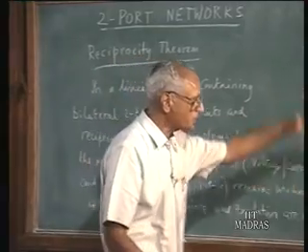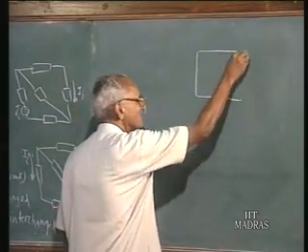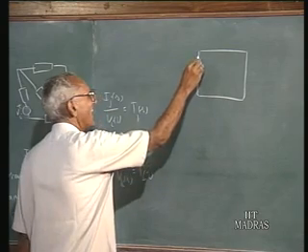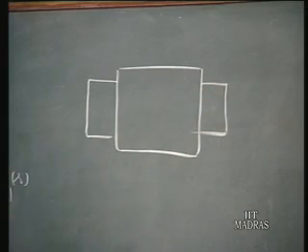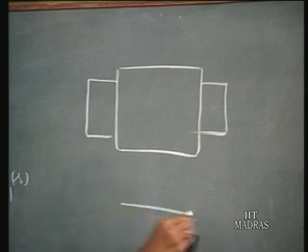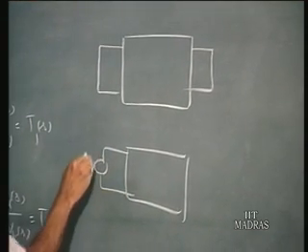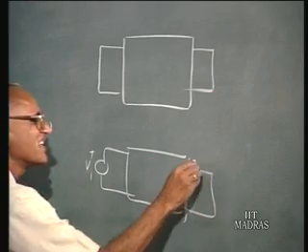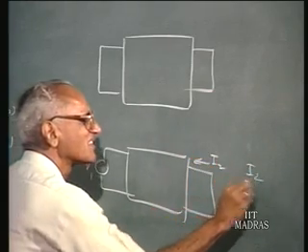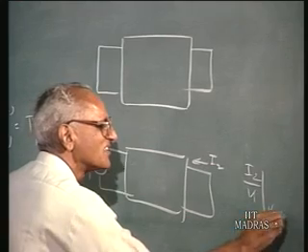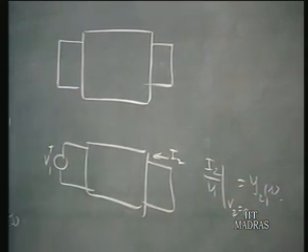As an offshoot of this, suppose I have a 2-port network, and let us say this is the raw form of the network, this is a basic network. If I introduce a voltage source V1 here, and measure the current here, I2. So, this is I2 by V1 when V2 is 0. We call this Y21 of S, we know that.